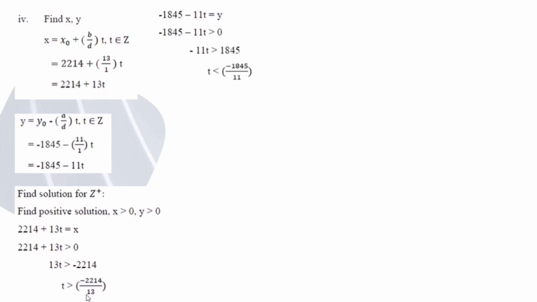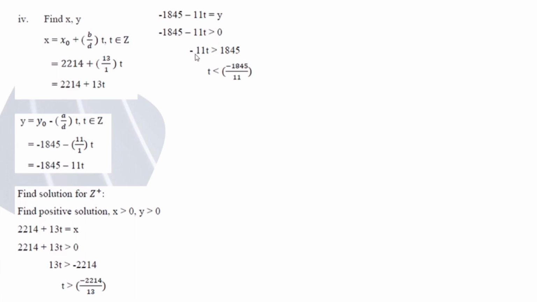Next, to find the value of y, we should take the previous equation where we got from the y part, which is negative 1845 minus 11t is equals to y, where we can write it as negative 1845 minus 11t is greater than 0.